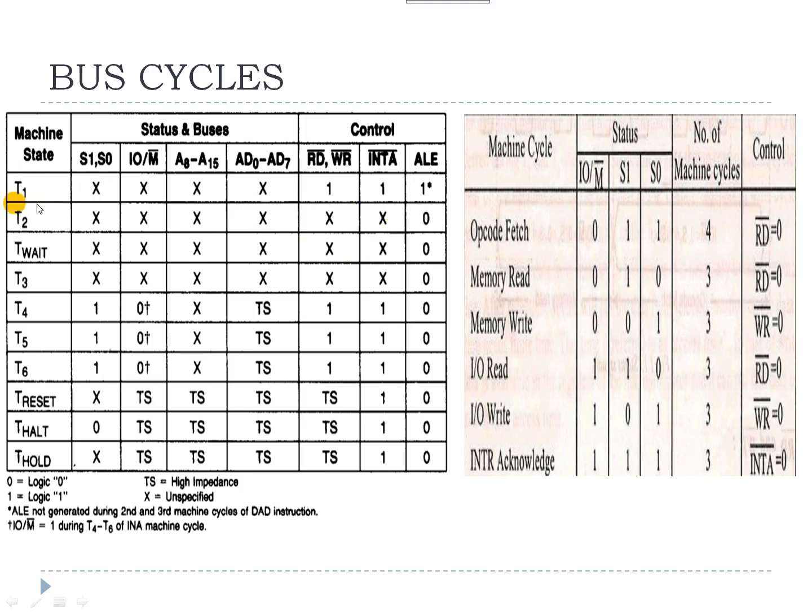At the time of the T1 cycle you will have the ALE, and you have to read some data. So you need to have the read and write signals as 1.